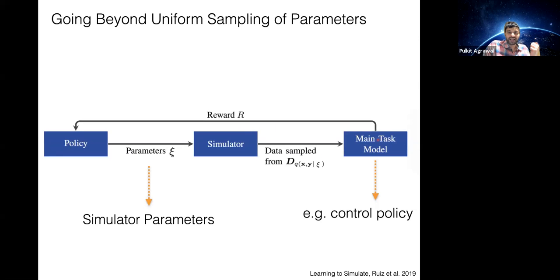The reward I get is used to train the policy to set the parameters of the simulator. Essentially, we don't know what good settings for the simulator are, so I am going to predict the simulator parameters. So we directly learn how to randomize the simulator.